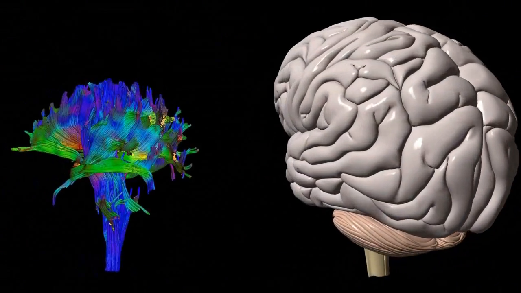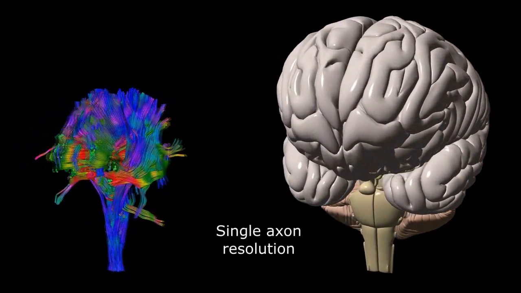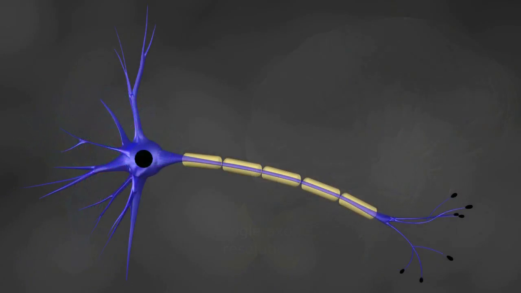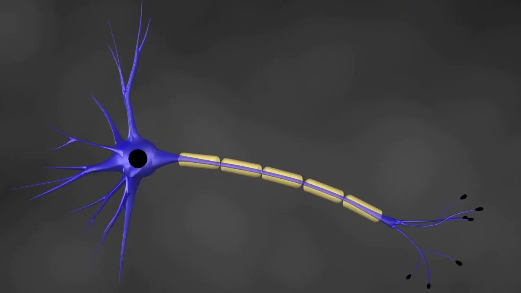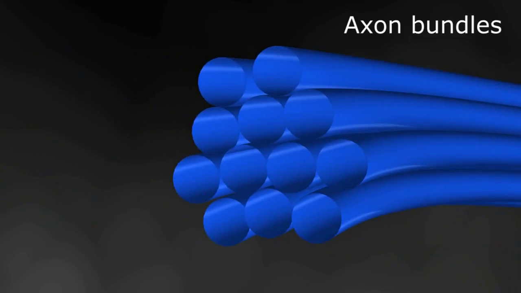Finally, I don't want you to be misled into thinking that diffusion tensor imaging provides axon-level resolution. Although I used an individual axon to demonstrate the concepts of isotropic and anisotropic diffusion, in actuality, the diffusion tensor represents axon bundles, with water diffusing through both the axon channels as well as the interstices between the bundles themselves.